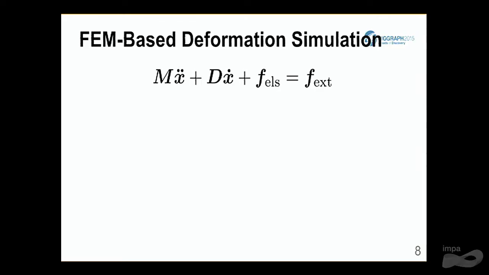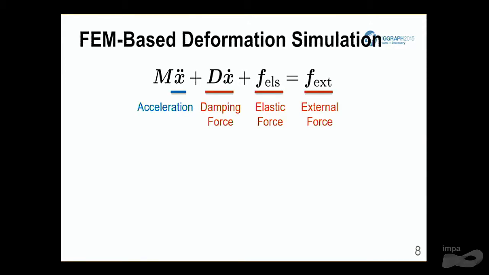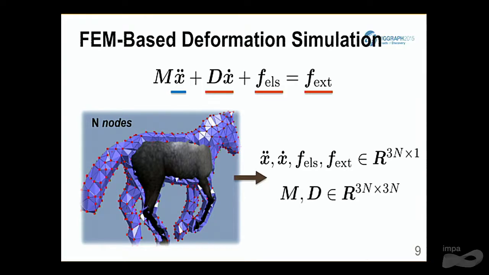Masses times accelerations plus damping matrix times velocities plus elastic forces is equal to external forces. There it is. I learned it by heart. I even know what it means. So once again, the nodes are our unknowns x.